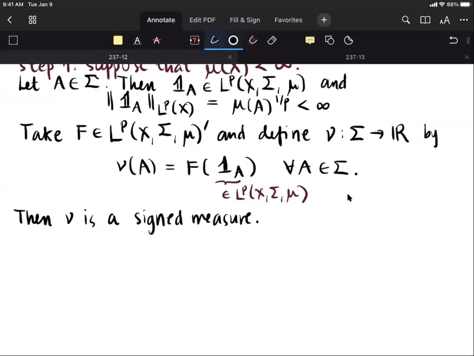Okay, so let us verify this statement. The value of the empty set, by definition, is F of the characteristic function of the empty set, but that is identically 0. And by linearity of F, this is 0.